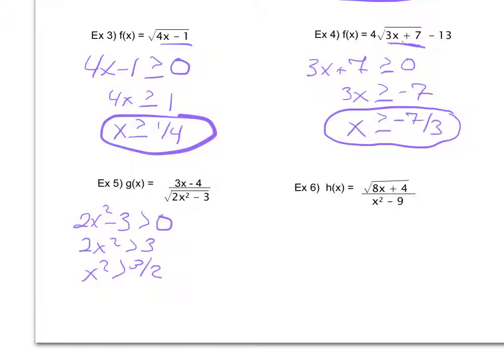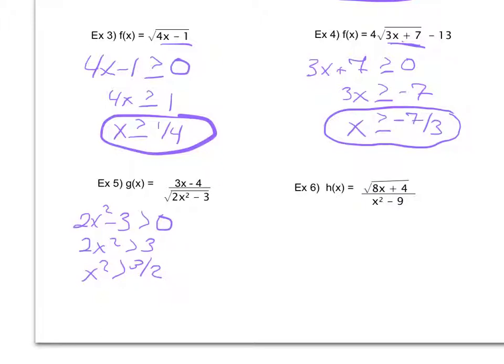But wait a second. When I take the square root, I have to take both the positive and the negative square root. Well, if I have a negative in front of my square root, isn't that a minus 1 times? And if I multiply both sides of a radical by a negative, doesn't that make my sign flip?